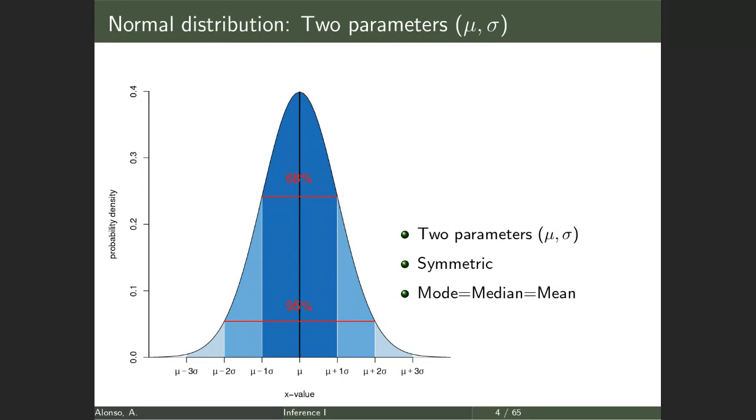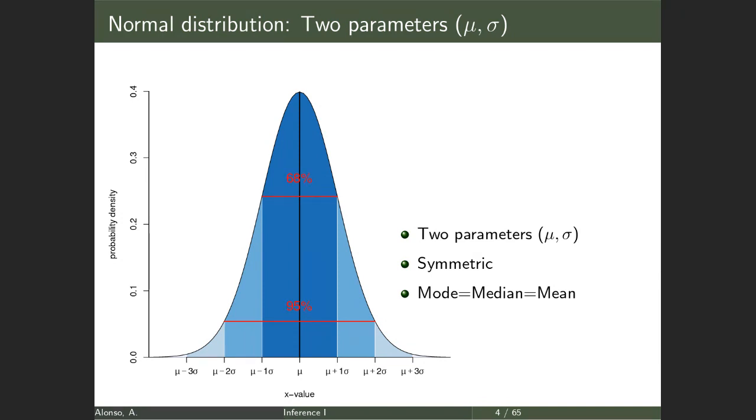And if you have a random phenomenon you are studying, for instance, IQ scores, and you know that the normal model is a good model to describe the histogram of the IQ scores, then immediately you can make a lot of statements about this random phenomenon.